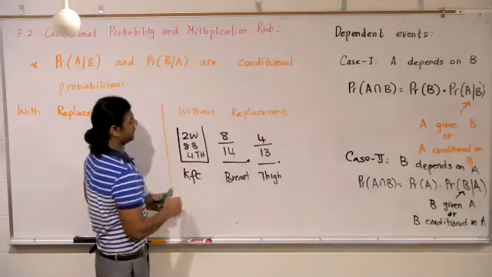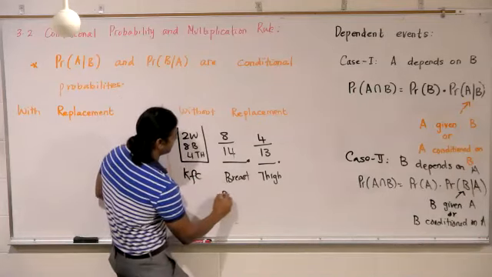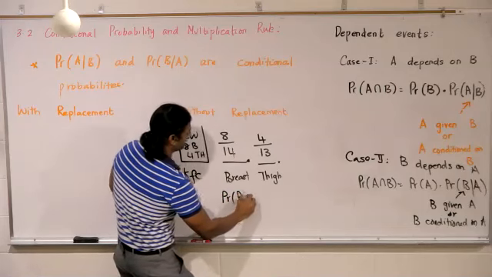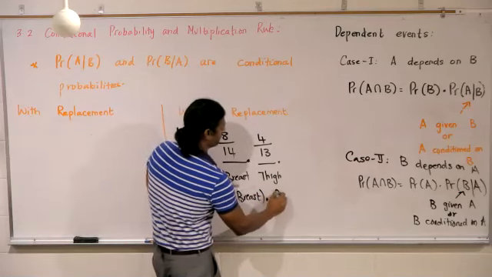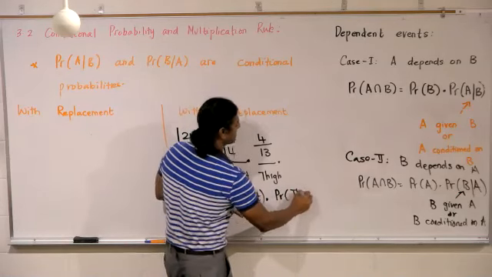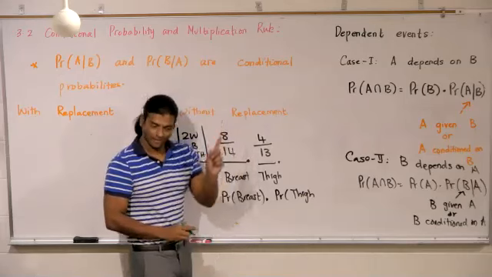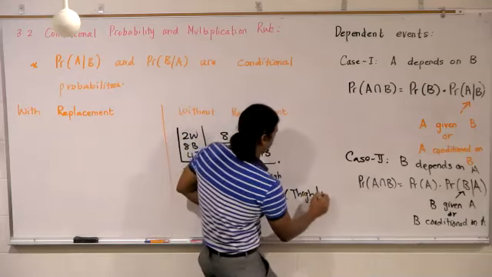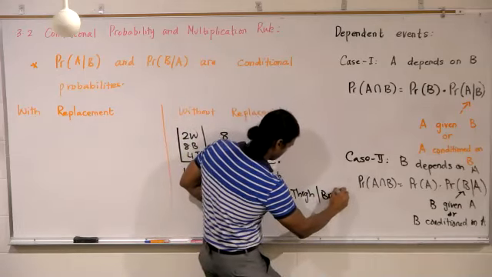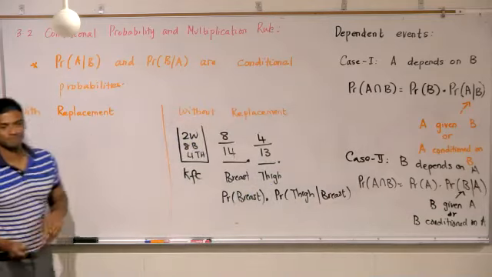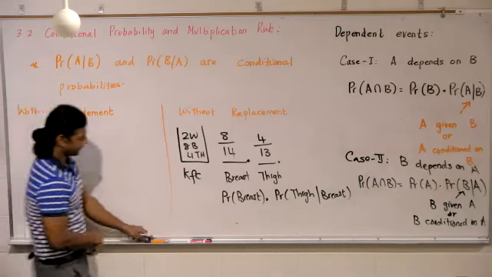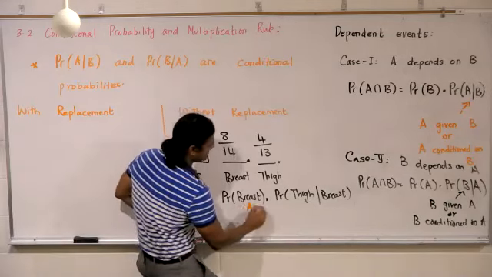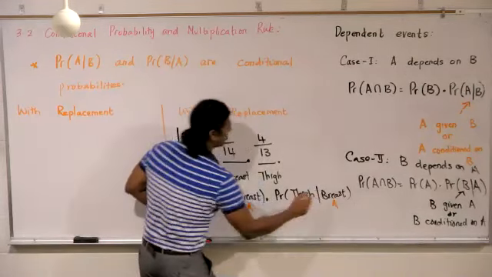Well, in terms of the notation, I could write it as the probability of breast multiplied by the probability that I would get a thigh piece, given the fact that the genie threw me a breast piece. Now, do you see conditional probabilities? Now, this would be event A, event B, event A.